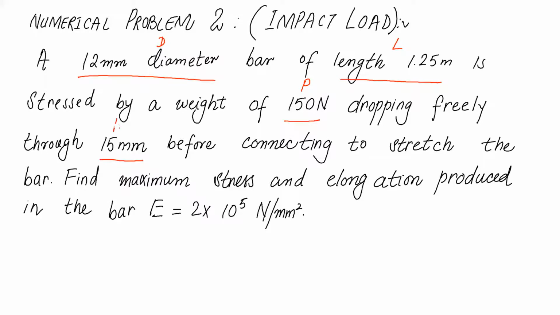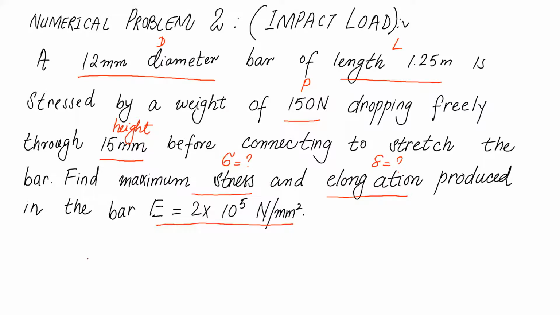What does it mean? This is the height. Before connecting to stretch the bar, find the maximum stress and elongation produced in the bar, where the value of E is given to you.